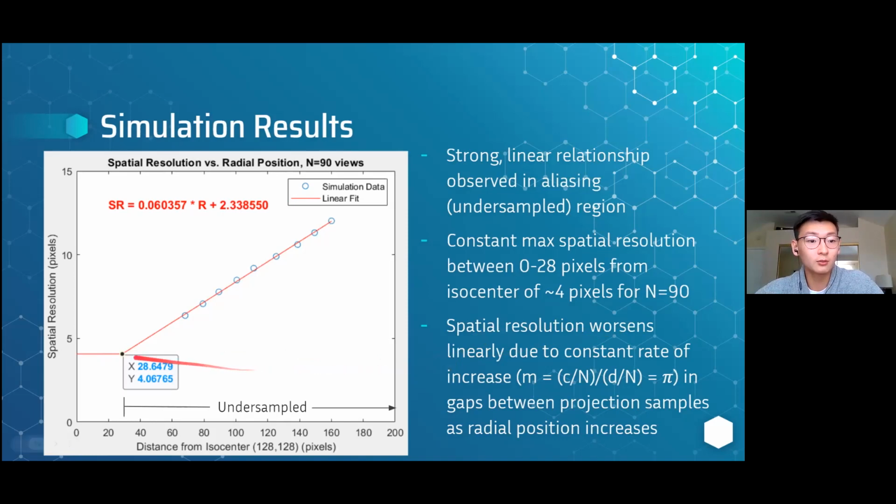So overall, we assume that there was this distinction between the adequately sampled region and the undersampled region, where we have a constant section here, and a constantly worsening spatial resolution as we approach the undersampled region.